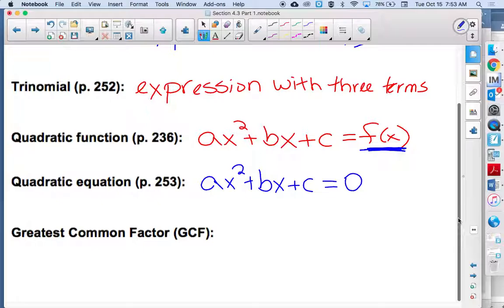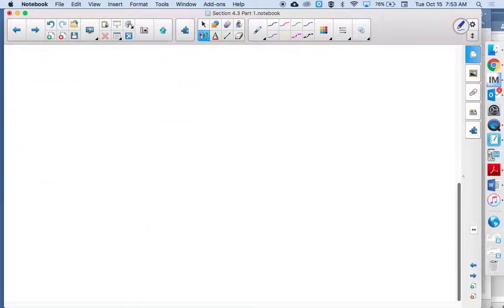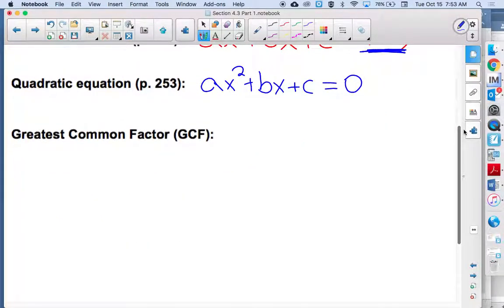Jack, you reminded us about the last term here. You said the greatest common factor is the greatest factor in two numbers. Sure. And I'm going to say a variable as well, because it doesn't just have to be a number.